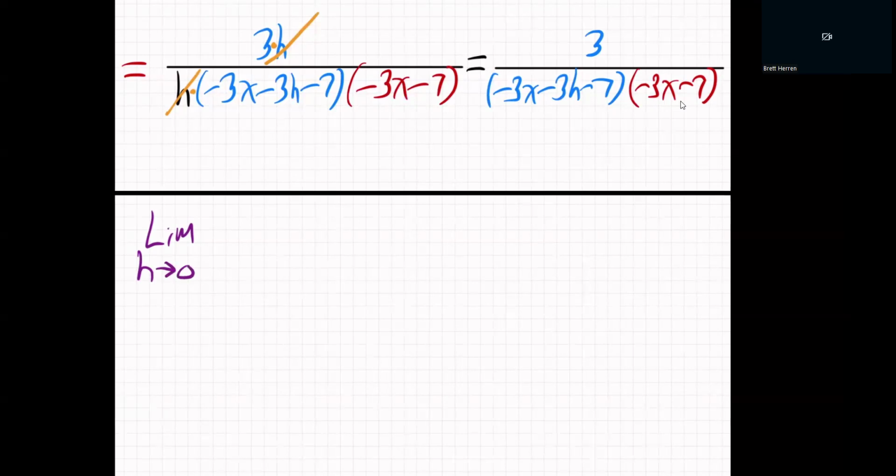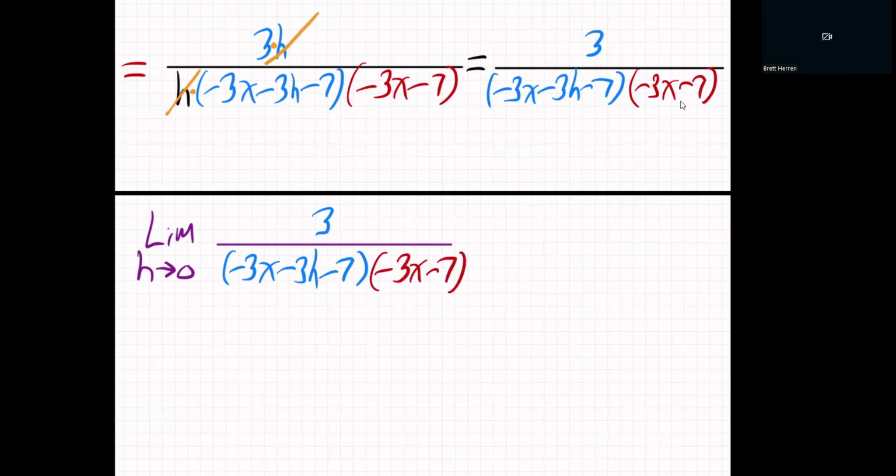This is what makes it only 1 point, right? Because this h is the difference between the 2 points, if you remember the derivation of this. This is a slope between 2 points, but now as we let h go to 0, we're letting that second point come infinitely close to the first point. So it's really effectively the slope at 1 point, which is the derivative, the slope of the tangent line at 1 point. So let h be 0.